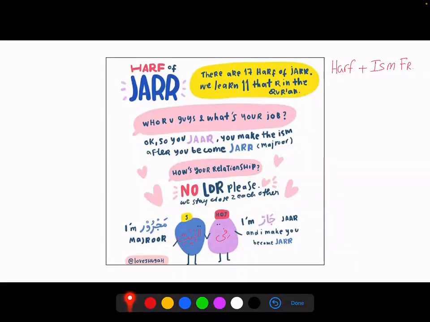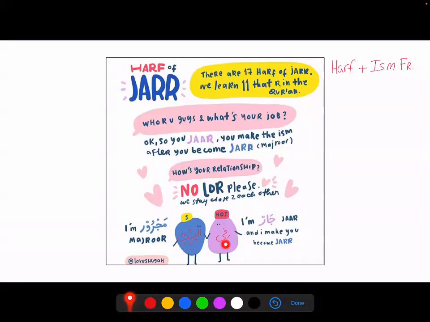What is harfu jar? As I said, harfu jar has a job. This is my harfu jar over here, which is fi. After harfu jar there is going to be an ism, and the job of this harfu jar is to make this ism jar in status.